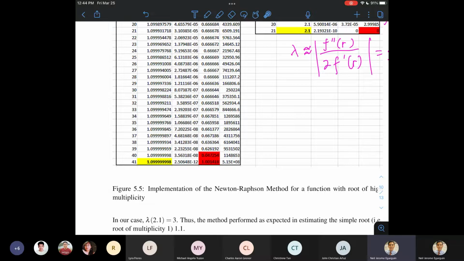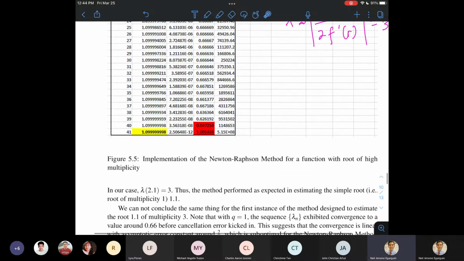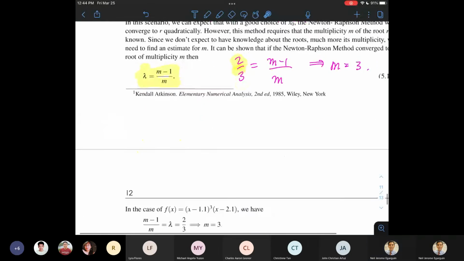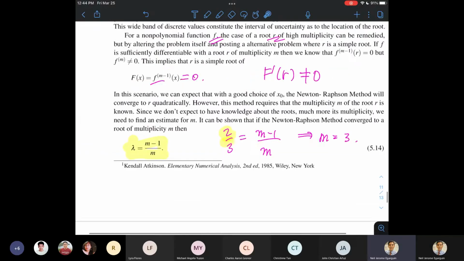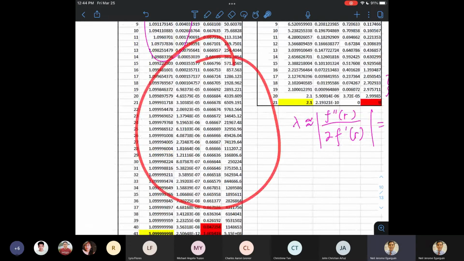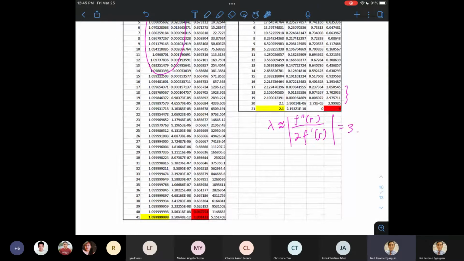But that theoretical exercise, I think, is nice because it revealed to us a nice interplay between the asymptotic error constant and the multiplicity of the root. I could actually put this in problem set number 3, no? You just need to remember that I can give a table of estimates. I will give a sample table of this, and then ask you, what is the multiplicity of the root approximated by this sequence? So you need to recall that in Newton-Raphson, when it converges, the asymptotic error constant is (m-1)/m.